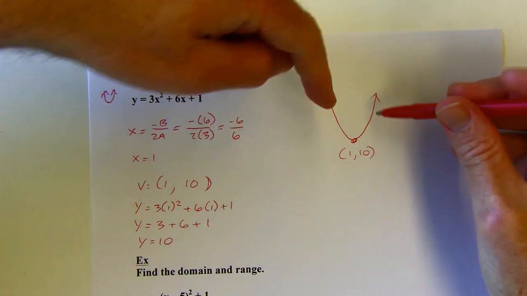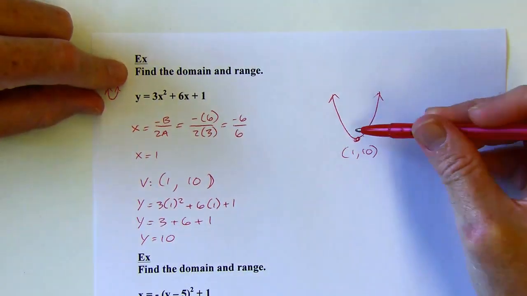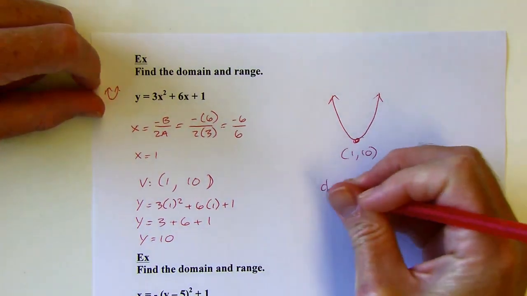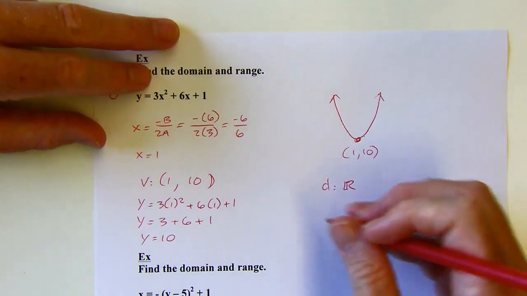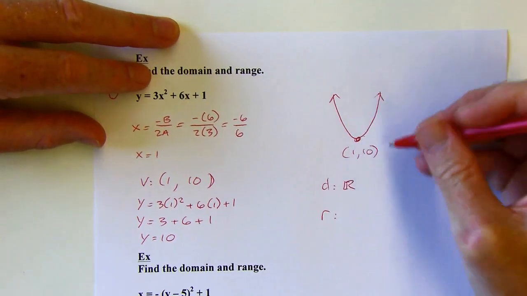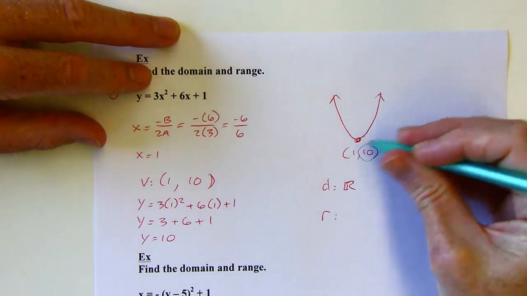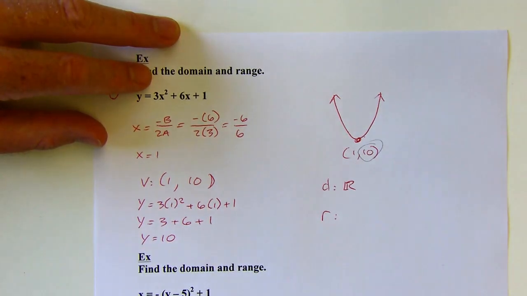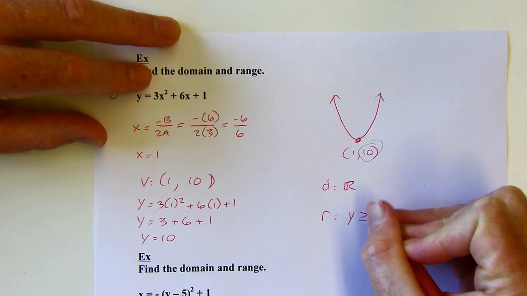So my domain, these are my x values, can go left and right forever. So the domain, again, is going to be all real numbers. Okay. The range, they're going to go up from my lowest y value, from my minimum value, which is 10. So my y's are going to be greater or equal to positive 10.